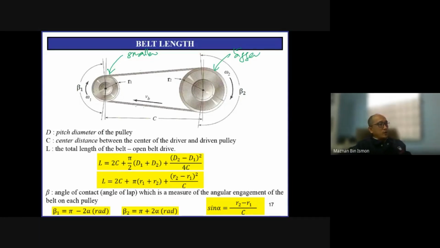So what you have is this formula: 2C, same thing again, plus the perimeter of R1 and R2.